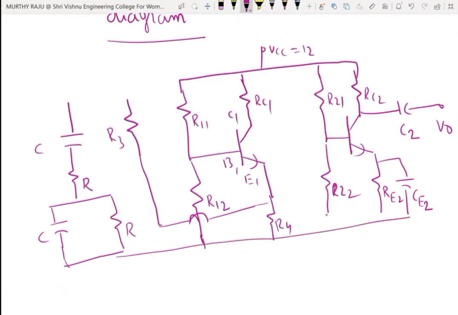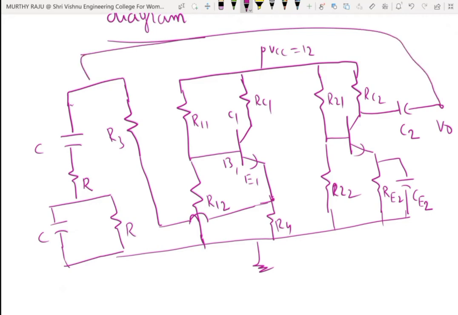All are connected to ground here. The output of that network is connected to this one. This is the complete circuit diagram.